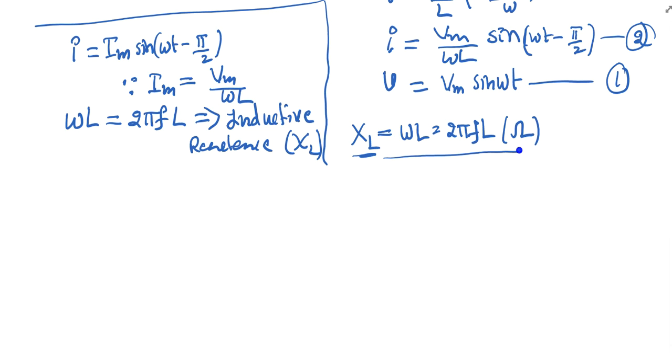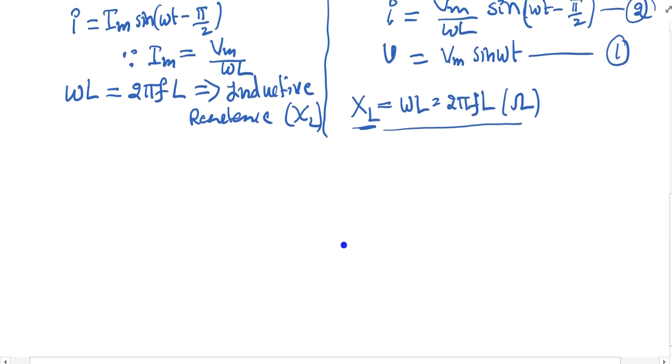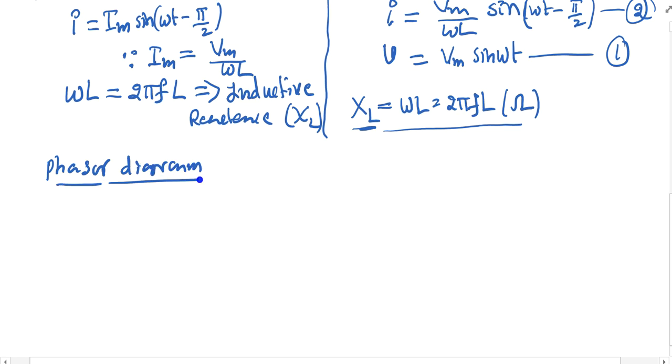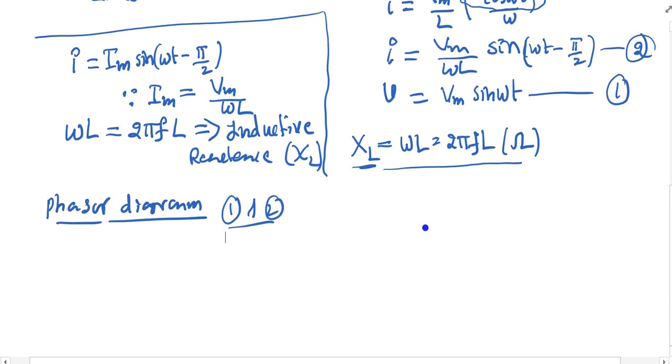If you want to draw the phasor diagram, let me first draw it. From equation 1 and equation 2, these are the two instantaneous current and voltage.